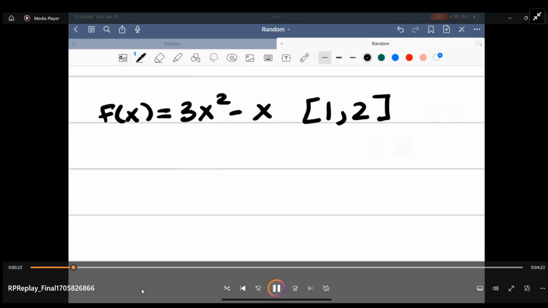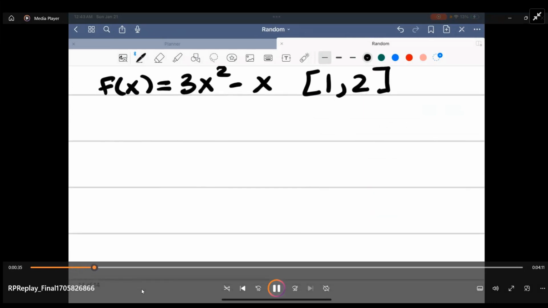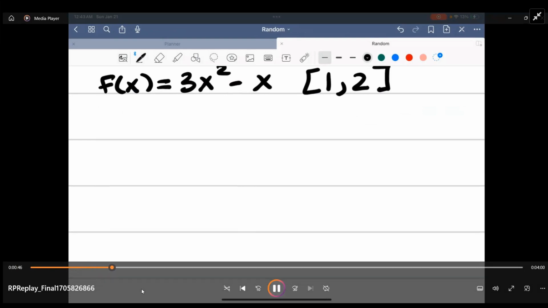Okay, so mean value just means the average value, and then you want to find the average value of this function. So in order to do that, you want to find the integral of this function, which will get you the area under this function, and then divide it by the length of the interval, because that's what mean is.